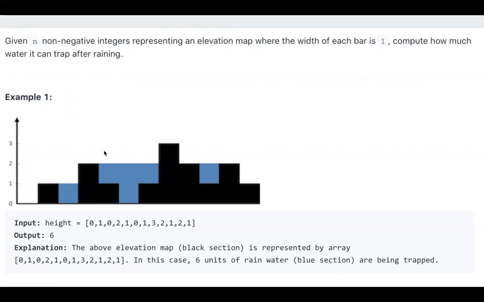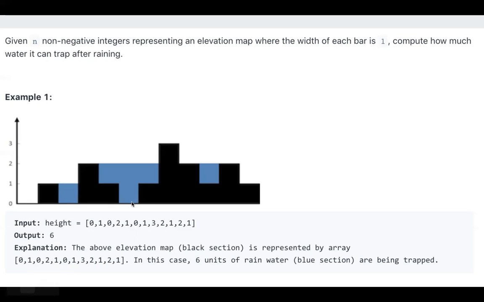One naive solution for this problem is, for each bar, we can compute how much water it can hold. For example, for this bar, the height is 0. We can iterate the left side and find the highest bar on the left is 2, and on the right side, the highest is 3.